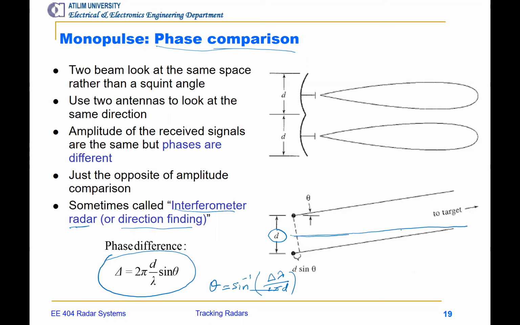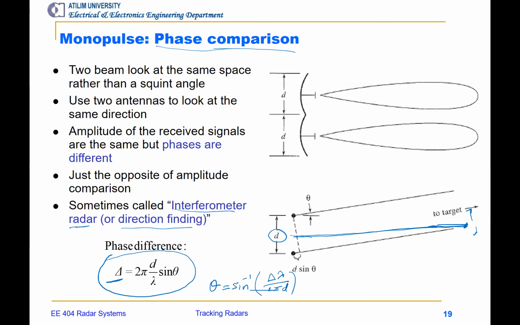That's the bore side. And if the target is exactly at this bore side, then we get zero difference. If the target is moving up or down, then we get a phase difference.